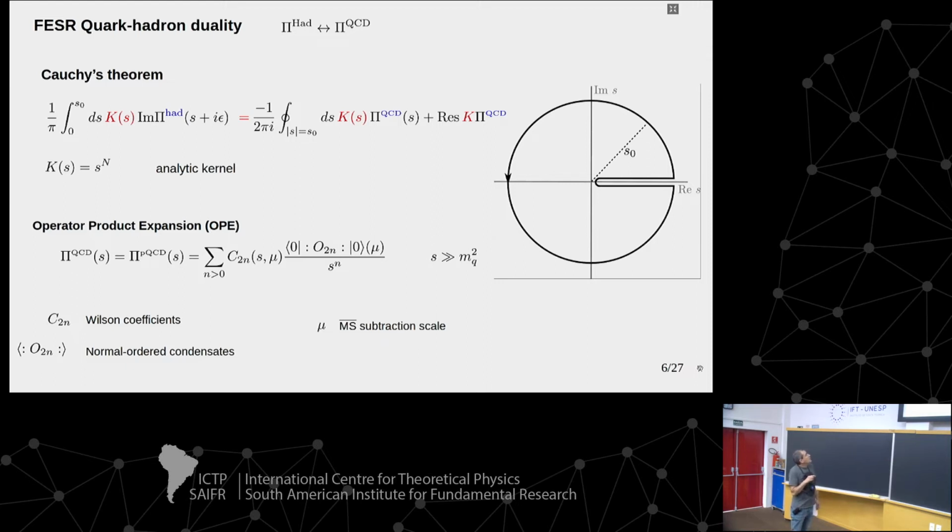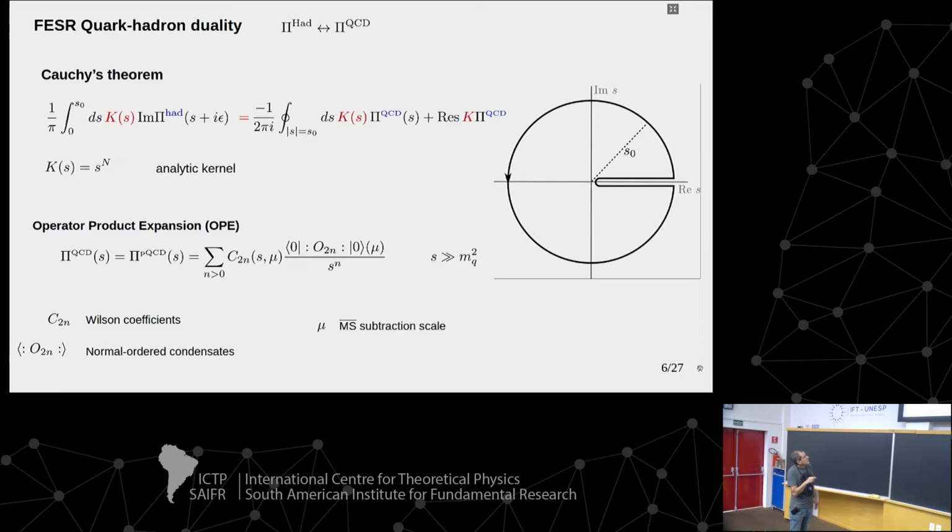So using Cauchy's theorem, you integrate over this path, with the correlator multiplied by some analytic kernel.